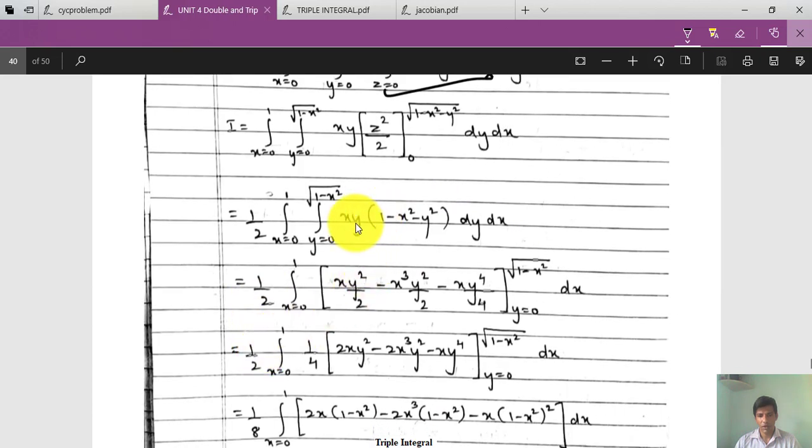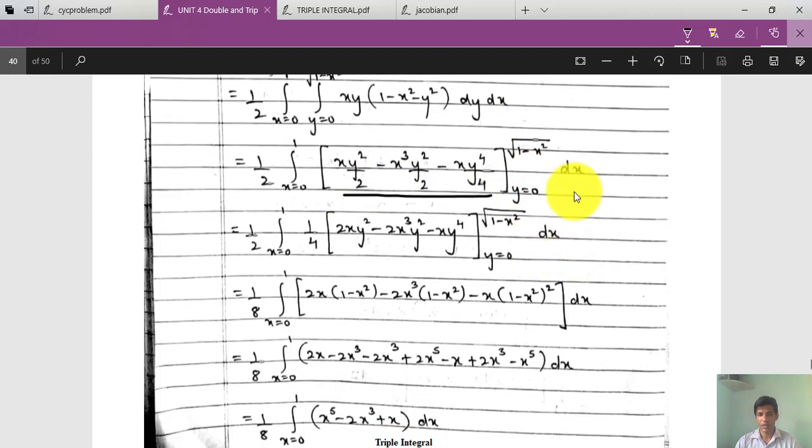Then I multiply this inside, with respect to dy, and after evaluating I get this particular output over the interval y equal to 0 to the square root of 1 minus x squared, into dx.